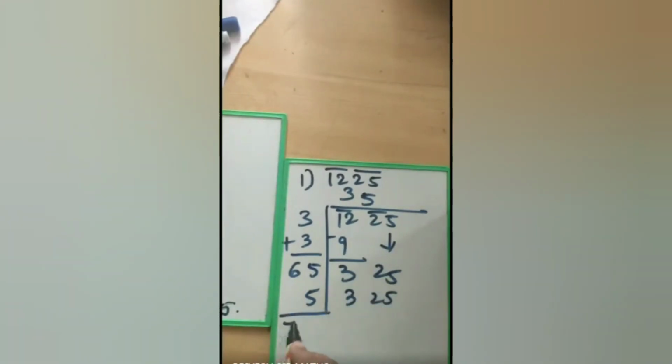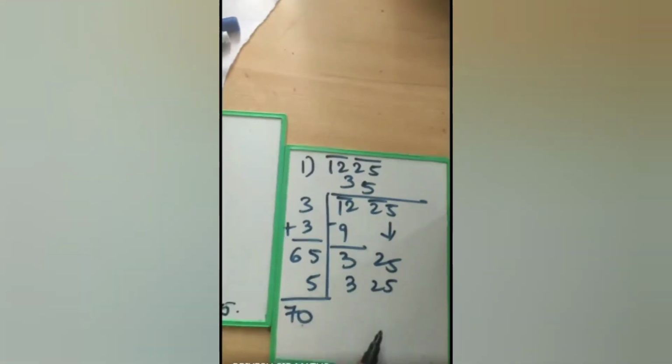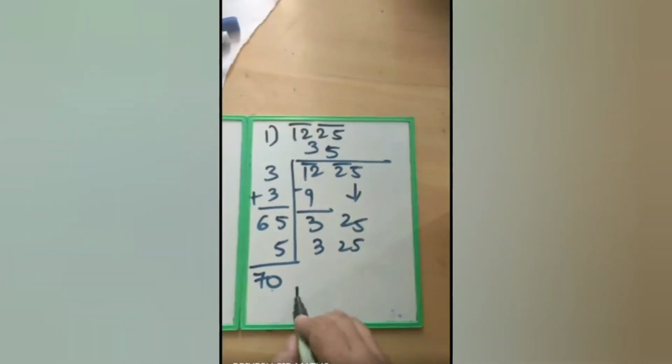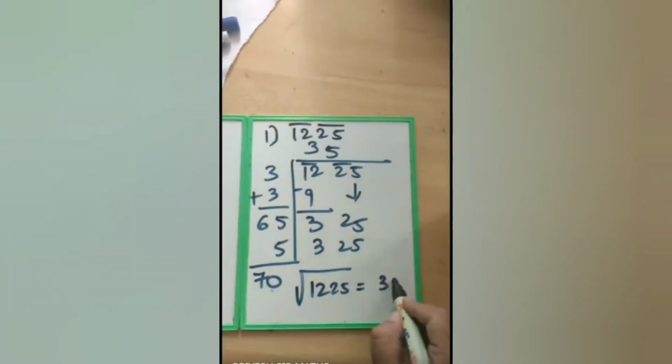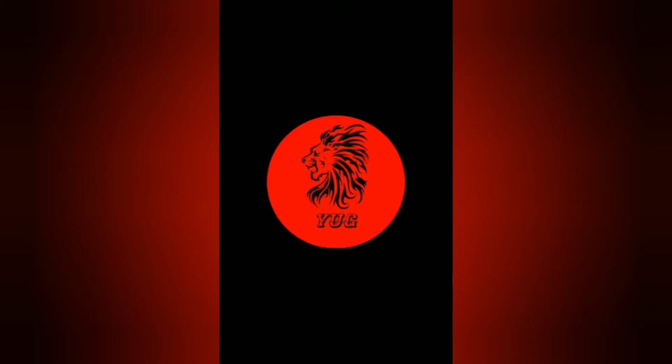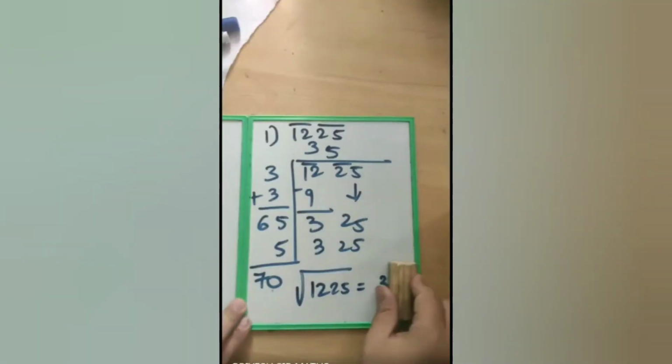Here you add, you get 70. So we can write down the square root of 1225 is equal to 35. Clear? Any doubts in this? No, sir. Please note it down.